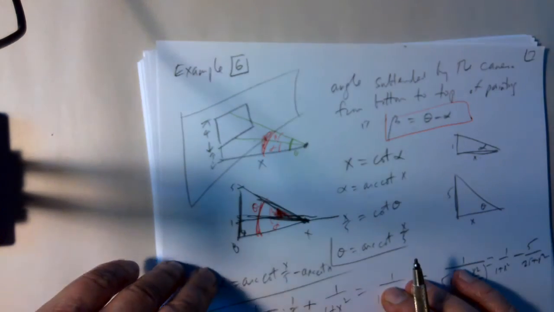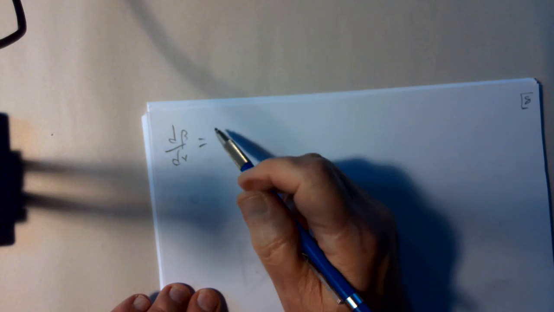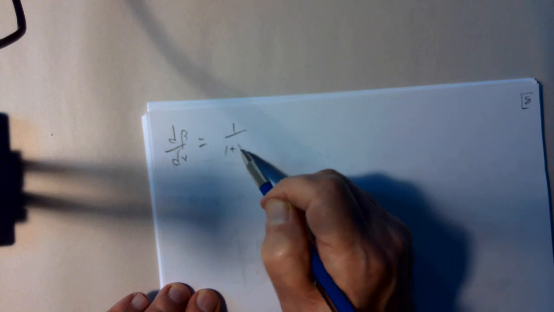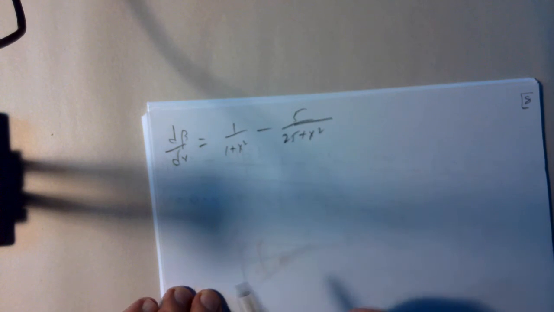So again, let me write this down. d beta dx is 1 over 1 plus x squared minus 5 over 25 plus x squared.